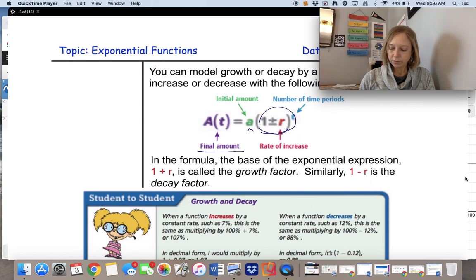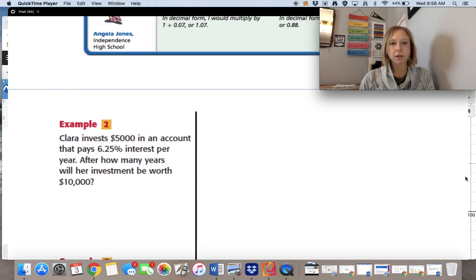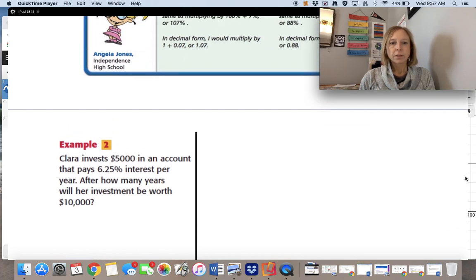So we're going to use this formula to solve a couple of problems. It says Clara invests $5,000 in an account. Well, if she's investing it, that's her initial amount, that's the A. And it pays 6.25% interest per year. If it's paying interest, it's increasing, so I'm going to do the 1 plus that rate.